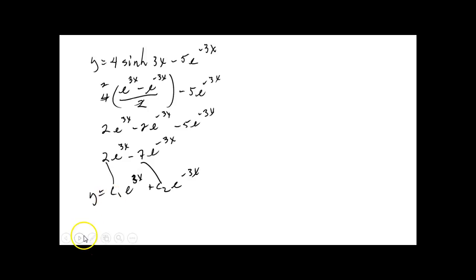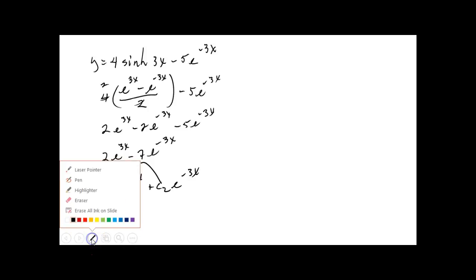All right, let's do example 9. Here are some functions. y1 is equal to e to the x. y2 is equal to e to the 2x. y3 is, guess what? e to the 3x.